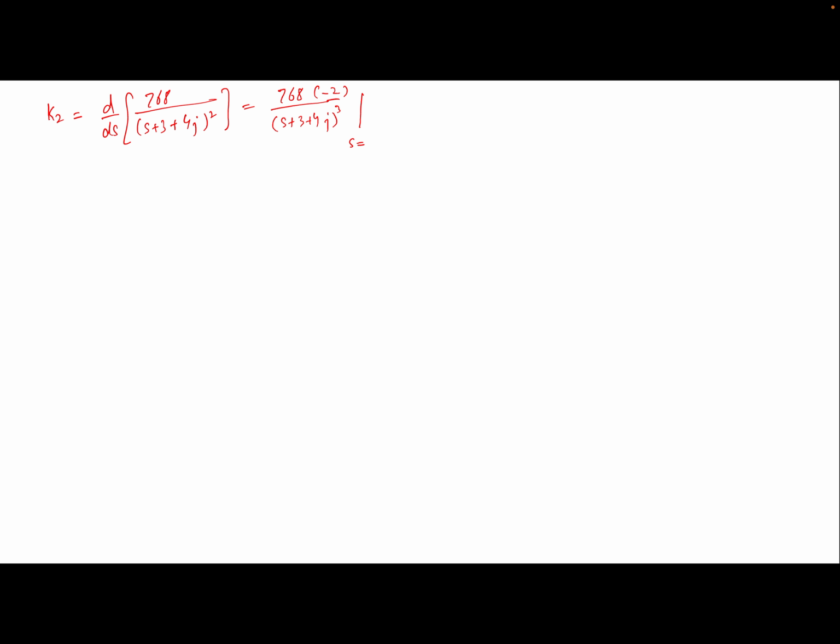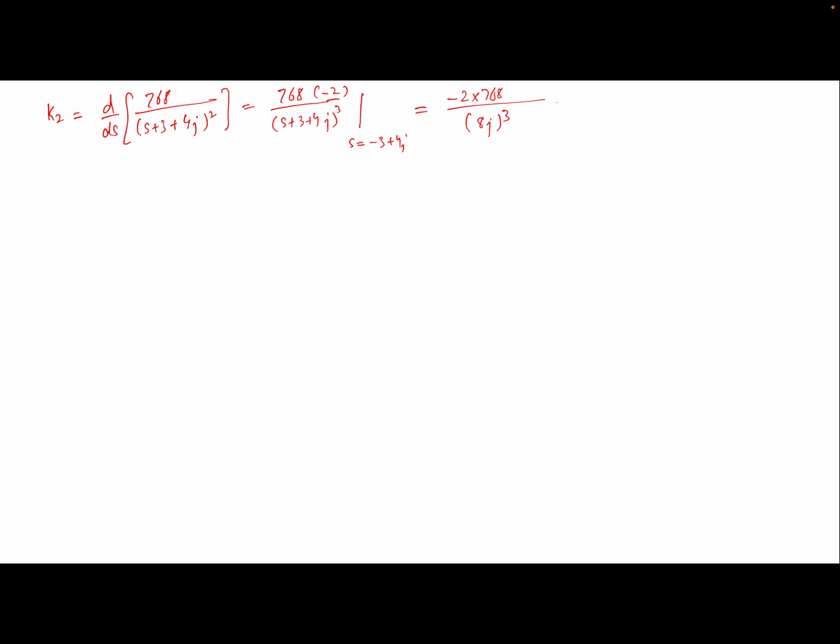S equals minus 3 plus 4j. So let's evaluate this at minus 3 plus 4j. This should come out to be minus 2 times 768 over (s minus 3 plus 3 will be cancelled out, 4j plus 4j, 8j) whole cube.